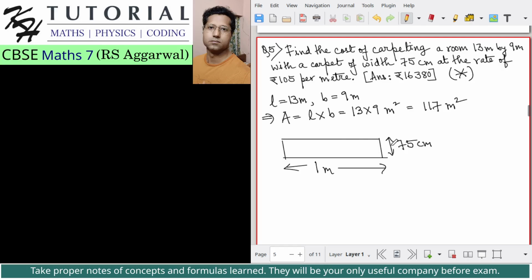So the cost of this carpet, of this dimension, that is 1 meter length and 75 centimeter width, is rupees 105.